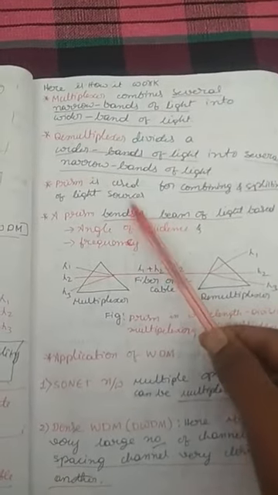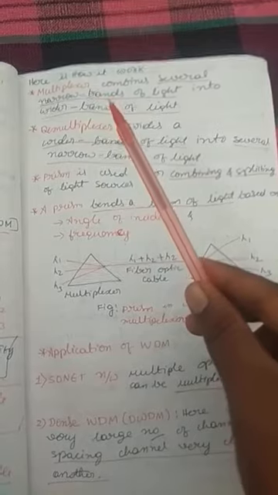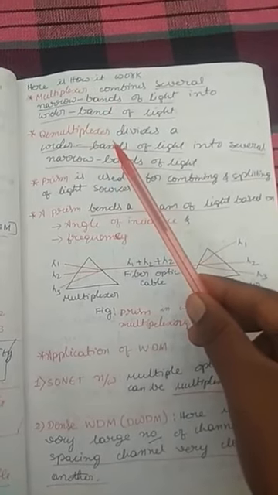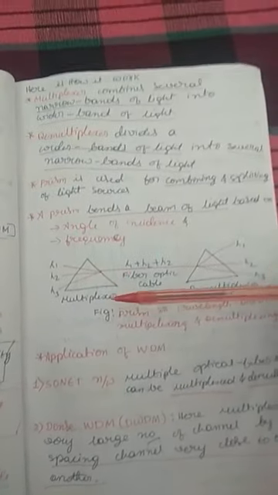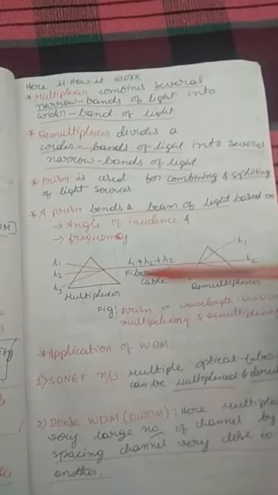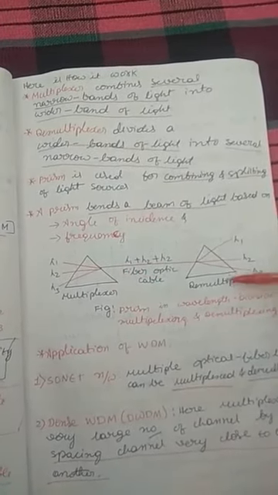And in WDM, multiplexer and demultiplexer devices use prisms. You can see that here also a prism is there, here also a prism is there.